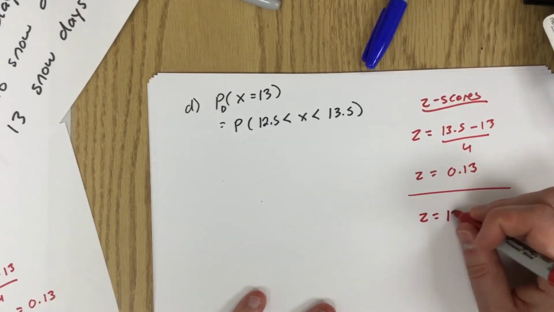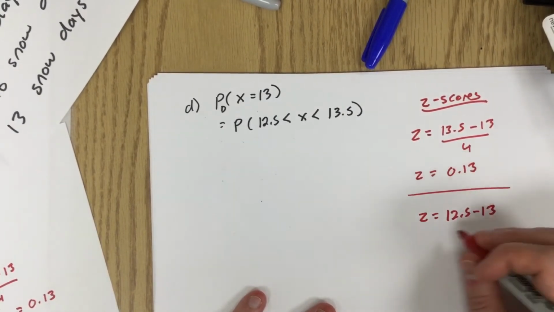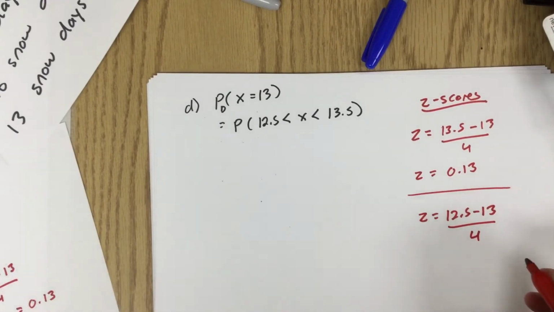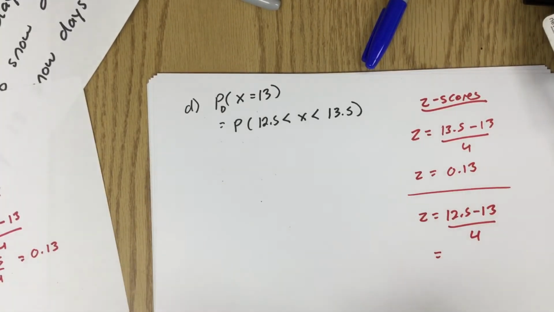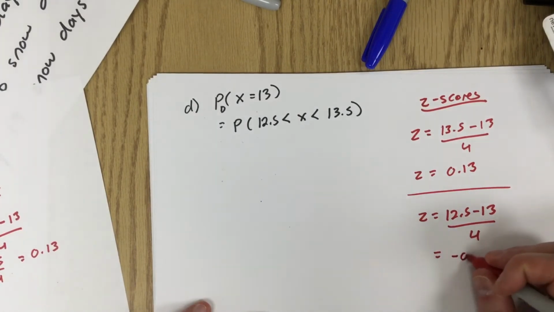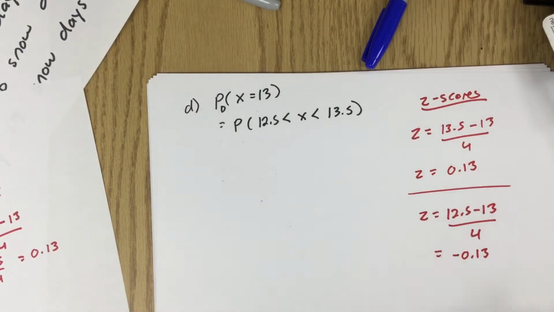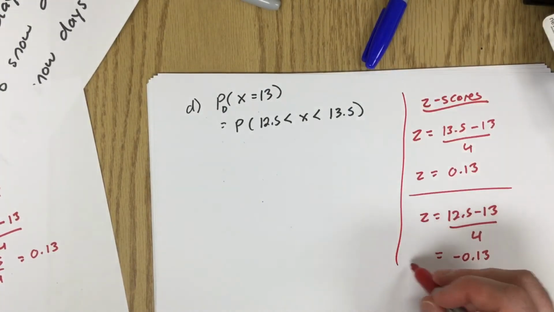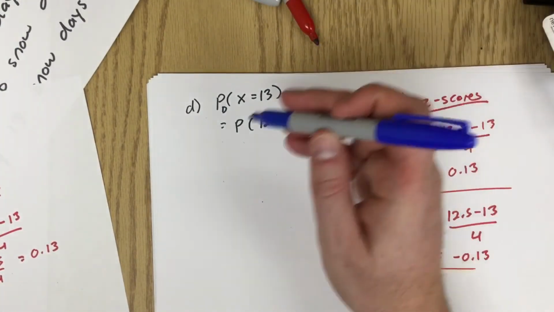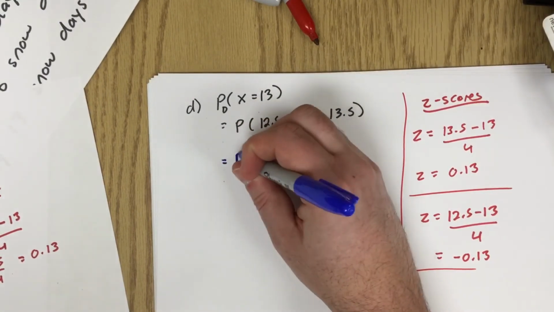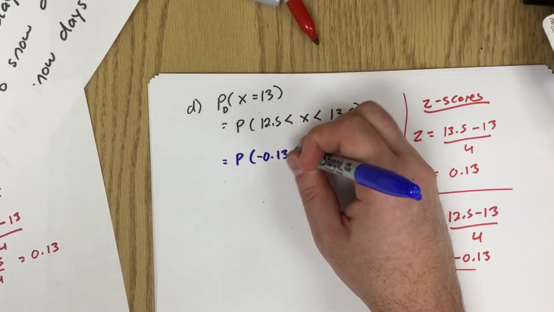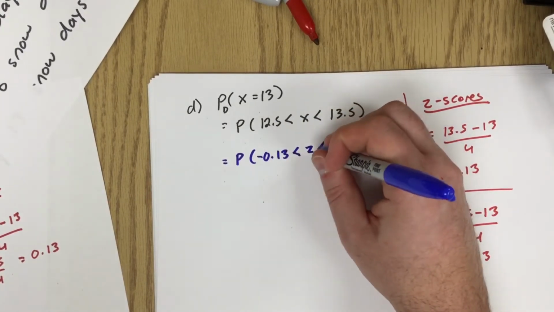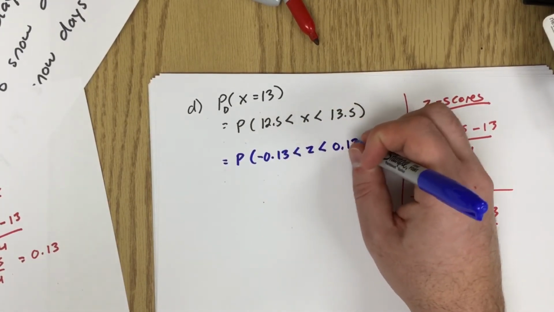And then the other one is going to be 12.5 minus 13 over 4. And that is going to be negative 0.5 over 4, that's going to be negative 0.13. So that's going to become the probability that negative 0.13 is less than z, which is less than 0.13.